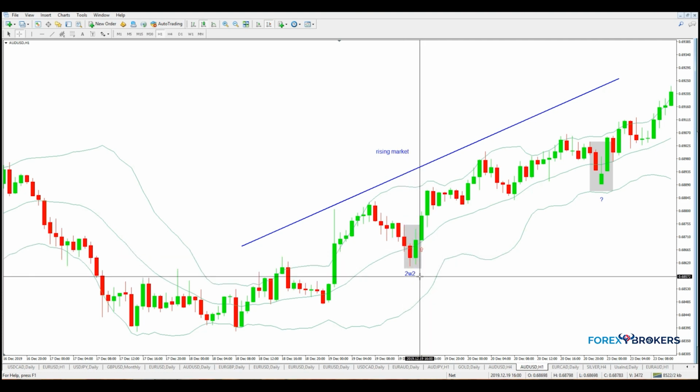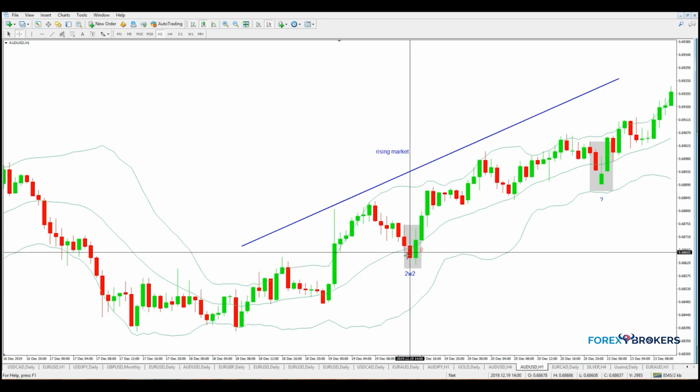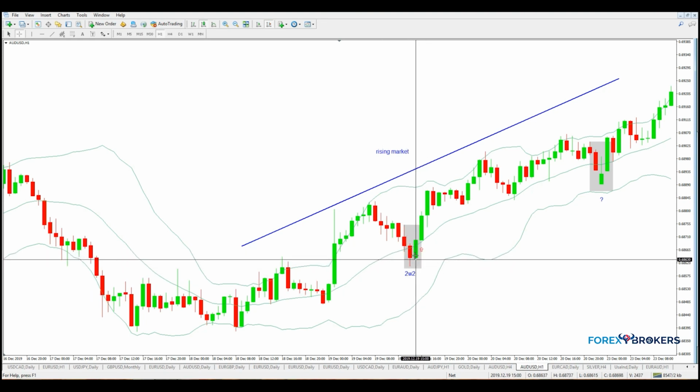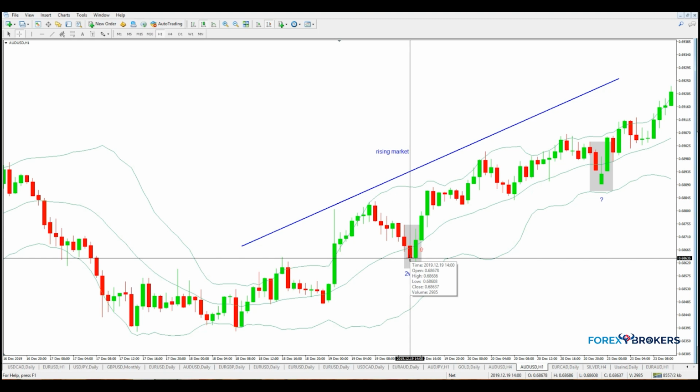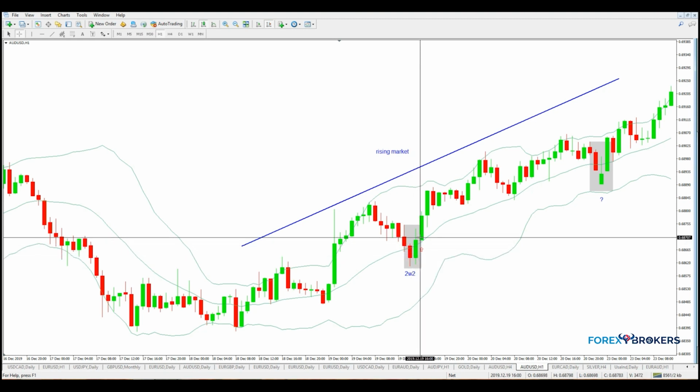This is a formation made out of 4 candlesticks, like the name suggests, and these 4 candlesticks are, the first 2 ones are similar, bearish, and the other ones bullish. The focus remains on the middle ones. You need one candlestick to open above and close below the middle Bollinger Band, and the other one to reverse and close above.